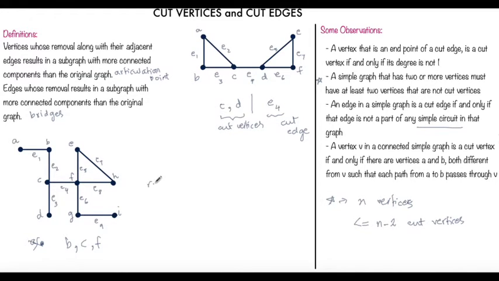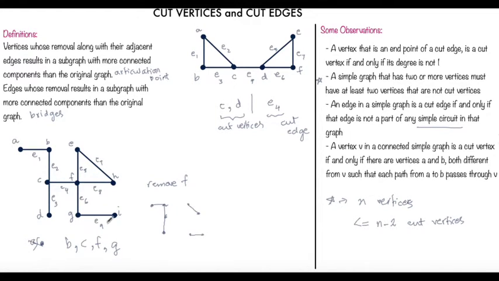So if we remove F, for example, then you will see that you have this part, this part and this part. So it's clearly one connected component, a second connected component and a third connected component. Okay, and similarly G.